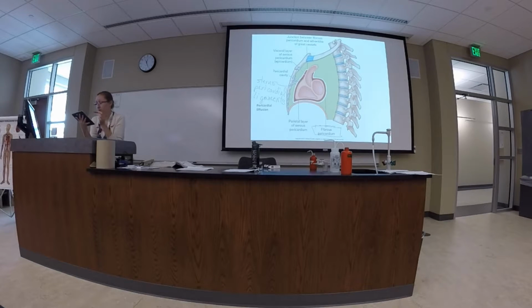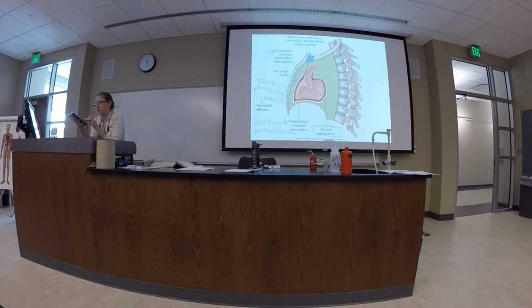Right. Inside of that, we have the serous pericardium, made up of the parietal layer and the visceral layer. And these two are thinner membranes.